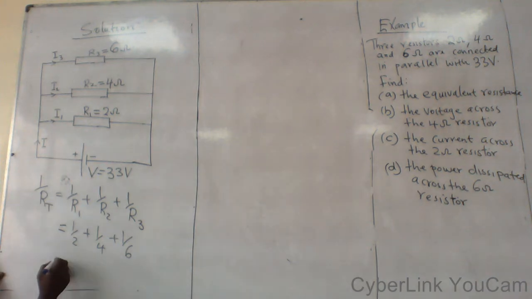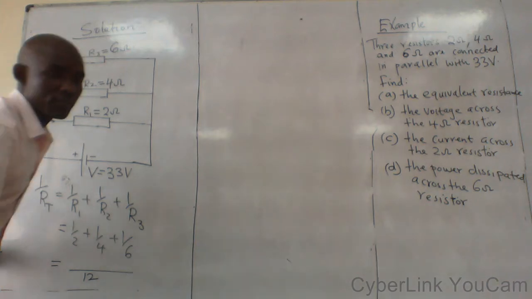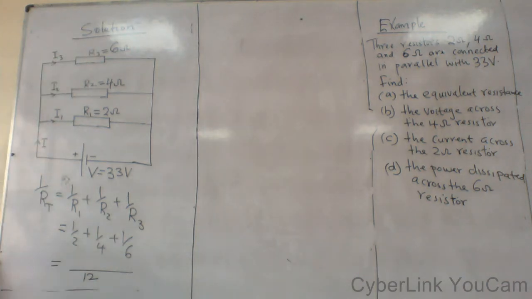If you take the LCM, the LCM will be 12. It goes there 6, plus this is 3, plus 2. Remember, this is 1 over R total. This will be the same as 11 over 12.